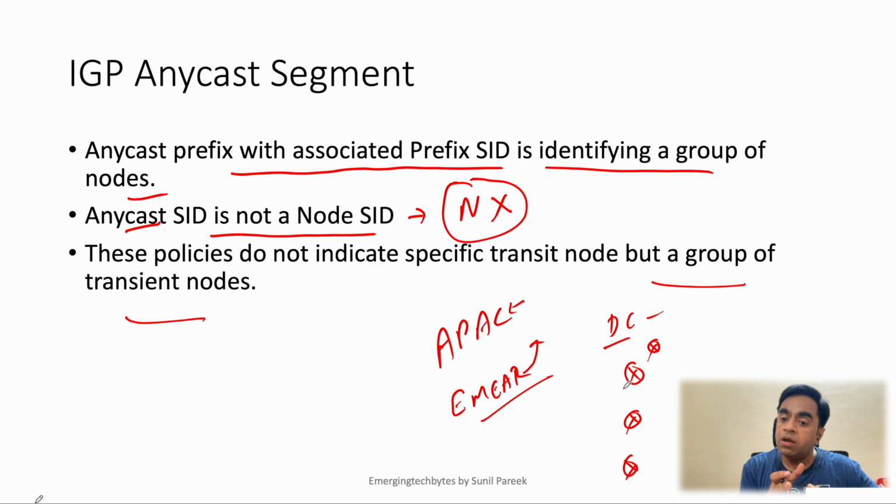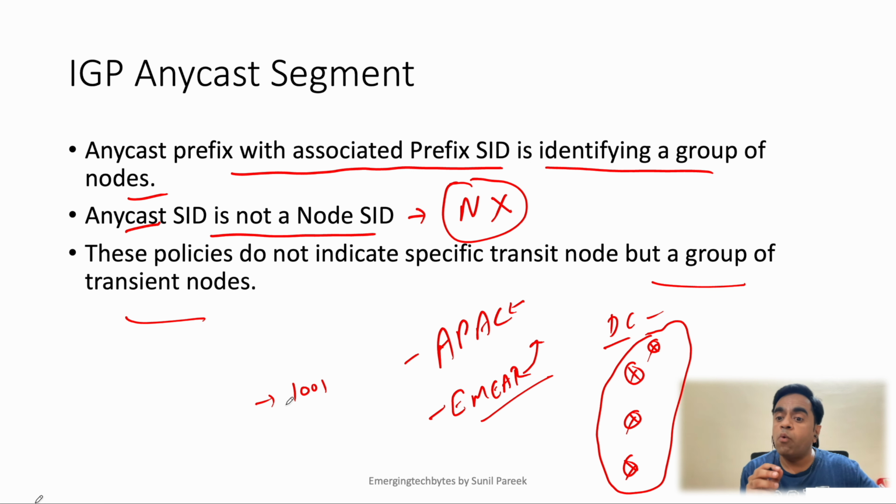What we did for this customer is we assigned an anycast SID which was the same on all these nodes, and when the traffic was going from EMEA to APAC, this anycast SID, let's say 1001, was put in the label stack.